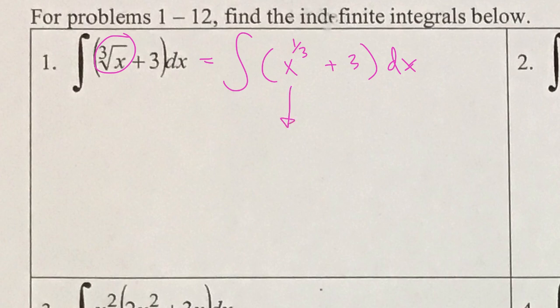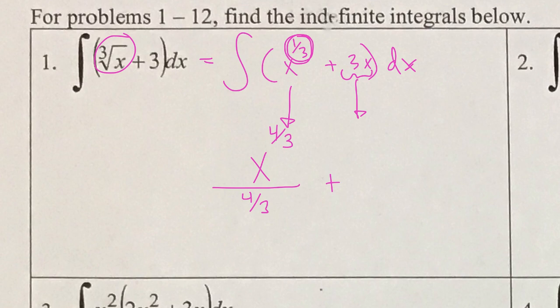We add 1 to our power. 1/3 plus 1 is 4/3, since 3/3 is 1, so we add 3/3 to 1/3 and get 4/3. And we also divide by 4/3. Plus, what about our constant 3?